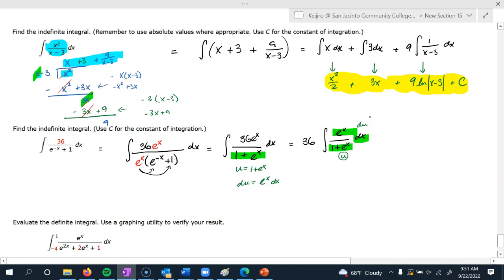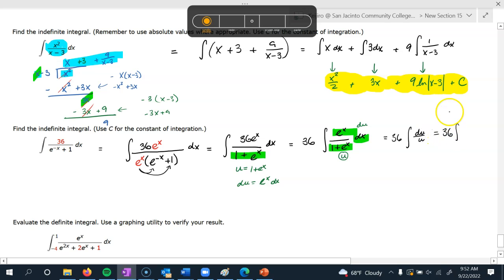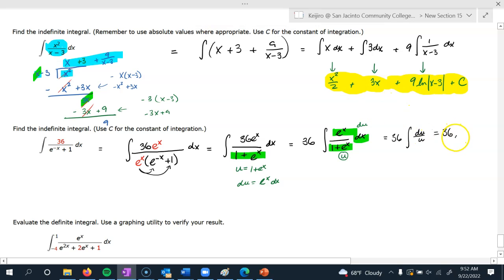We have du on the top, u on the bottom, or 1 over u du, if you want to think of it that way. 36 times the integral of du over u, which is 36 times, if you actually integrate it, the natural log of u plus c.